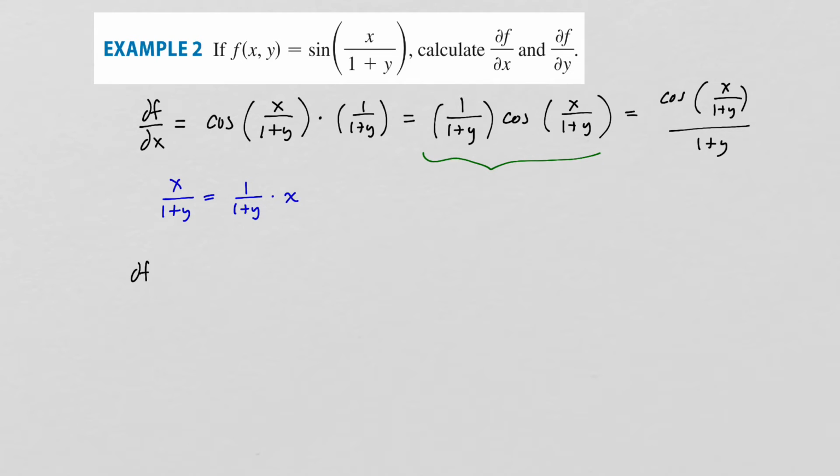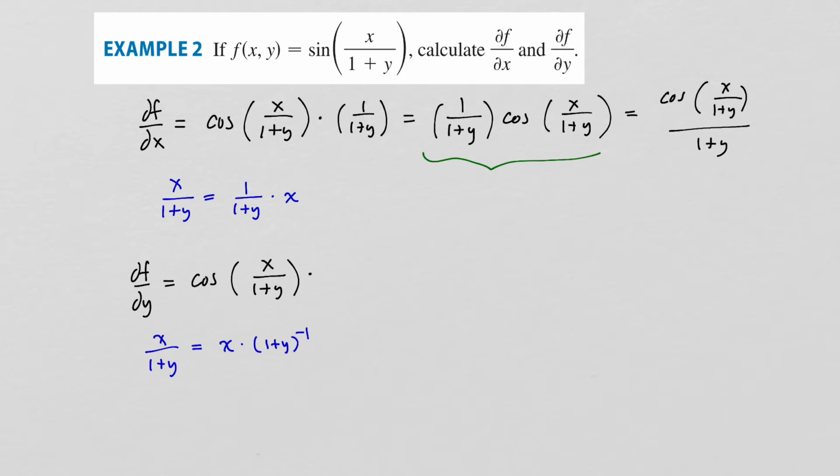Now the partial derivative with respect to y. Same idea. The derivative of sine of anything is cosine of that thing. So cosine of x over 1 plus y. And then we're going to multiply by the derivative of this thing, but now that derivative is with respect to y. So now, when you have x over 1 plus y, let's think of that as x times (1 plus y) to the negative 1.